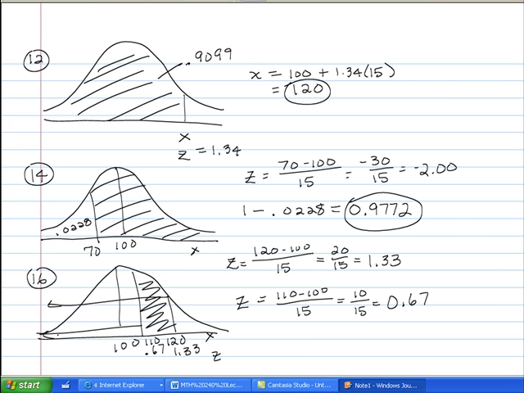And to find the shaded region, we need to subtract these. And I'm getting 0.1596 as the probability.